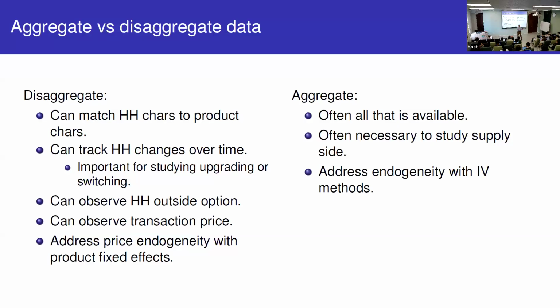And sometimes you have individual level data. We were just talking about DMV or car registry data. You can see every car transaction in the registry of a particular government. It seems pretty disaggregate, but you actually don't see any household characteristics in that data.